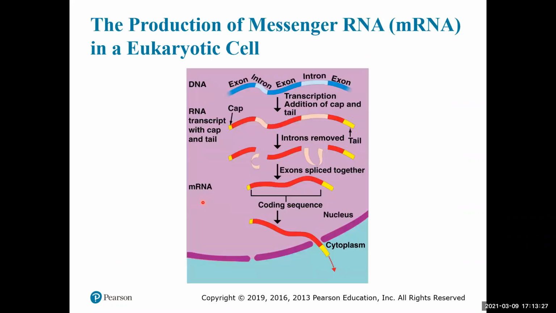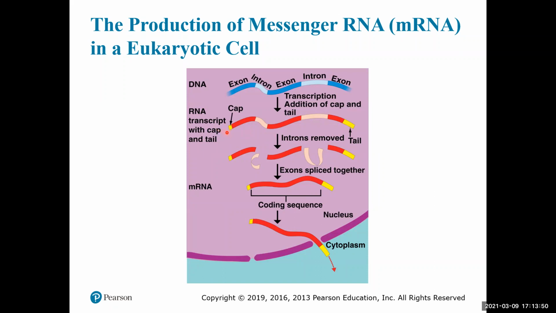So here we have a figure showing this process. You have your DNA, you have your exon, which is your coding areas, and your intron, which is your non-coding areas. When you transcribe that, they still exist in that RNA molecule. Once that RNA molecule is made, then the cap and the tail are put on.